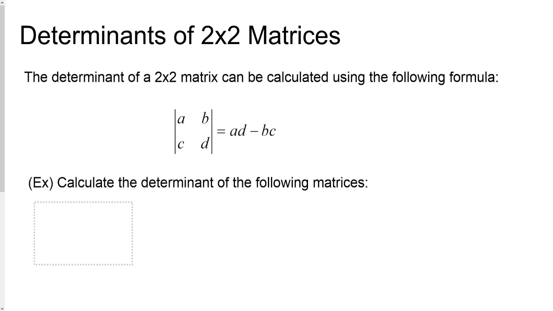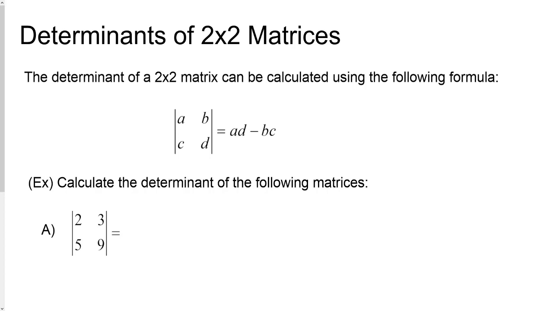So for example, let's calculate the determinant of the following matrices. Starting with matrix A, I have the values 2, 3, 5, 9. So we basically cross multiply.